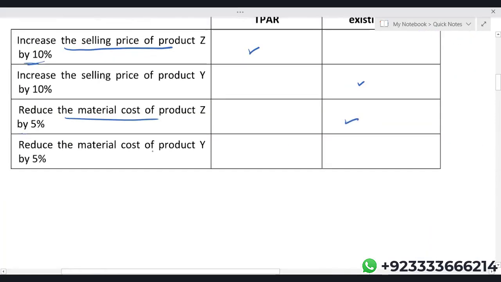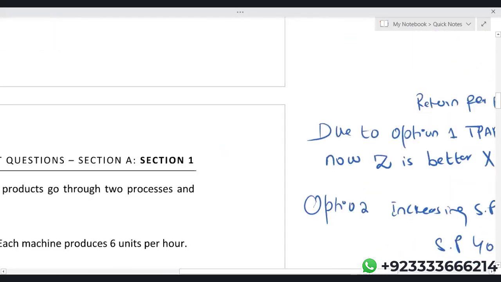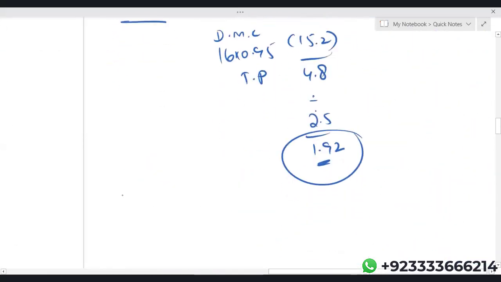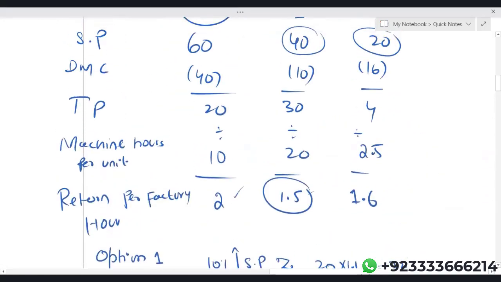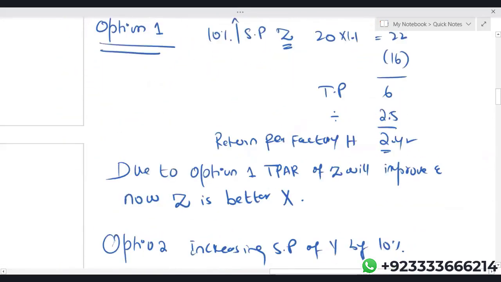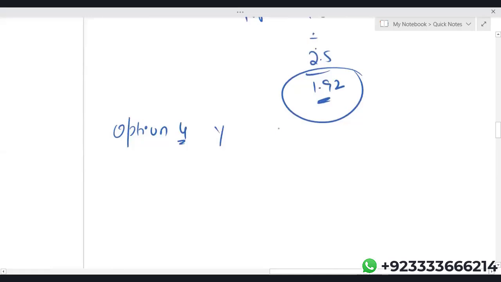Option 4, reduce the material costs of product Y. Option 4. What is the selling price of Y? Let's see. 40 and 10. Okay. 40. Direct material cost is 10.